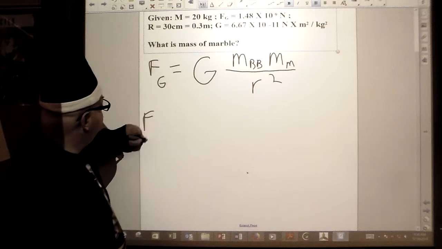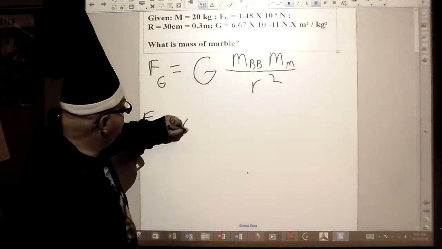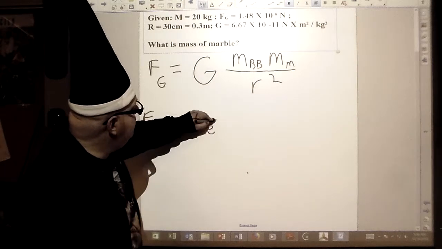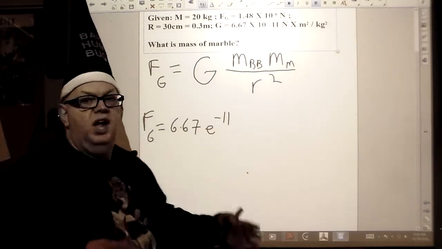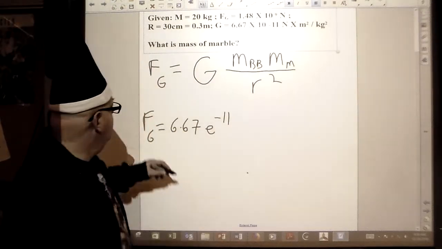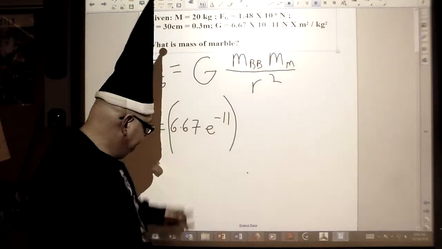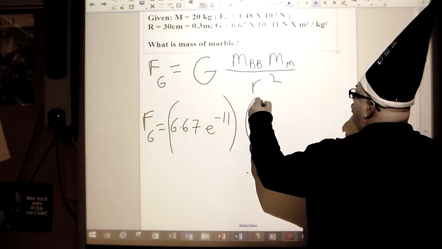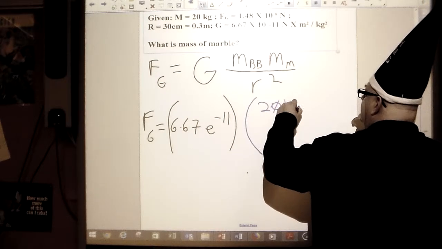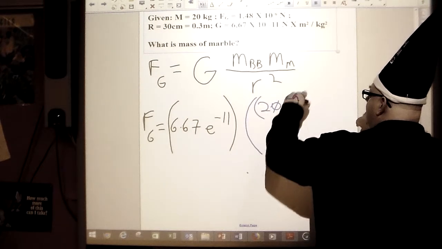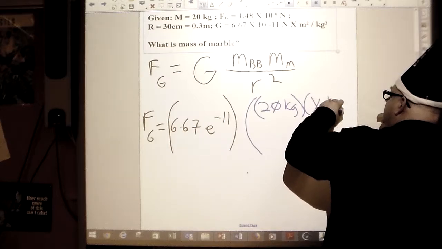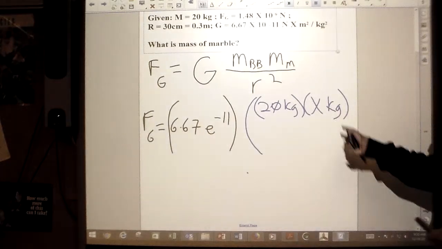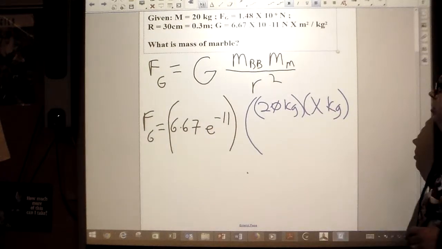So our F of G is equal to 6.67, and I'm going to go e to the minus 11th instead of writing times 10 to the, okay, so we're going to multiply that. We have 20 kilograms here multiplied by x kilograms because that's the mass we're trying to find for our marble.